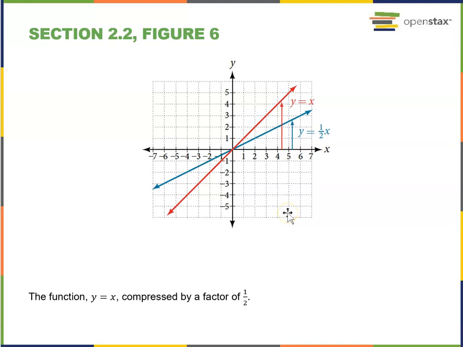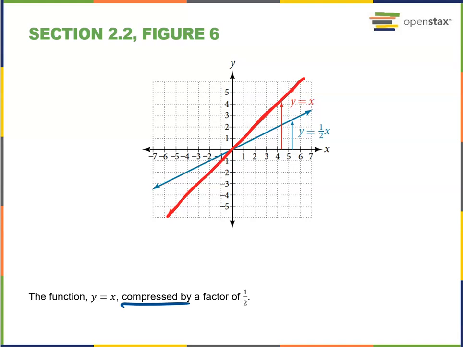Another example here, the function y equals x is the blue line, compressed by the factor of 1/2. So what do we notice here? Given y equals x is this line here. Let's look at the y values of some points.